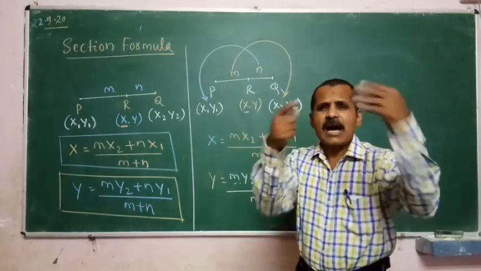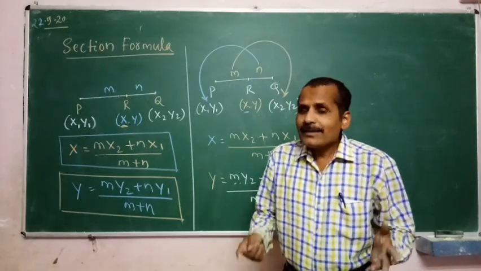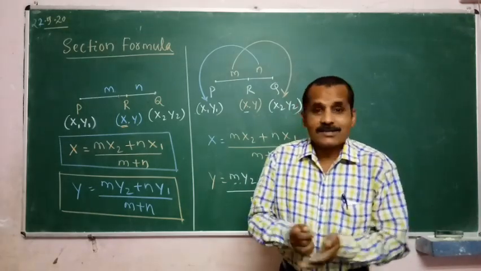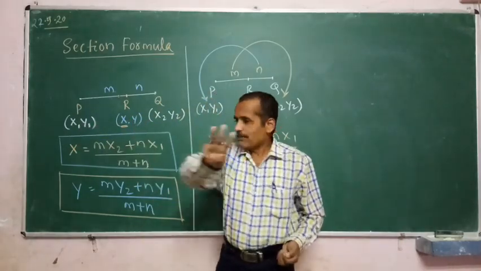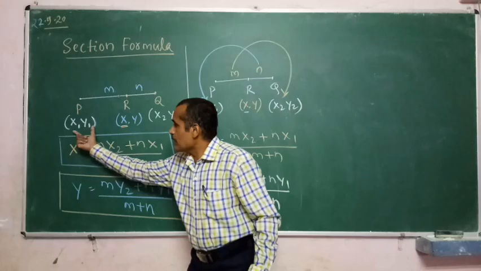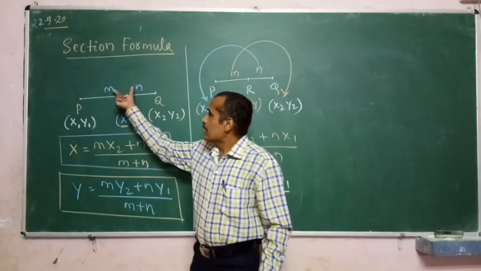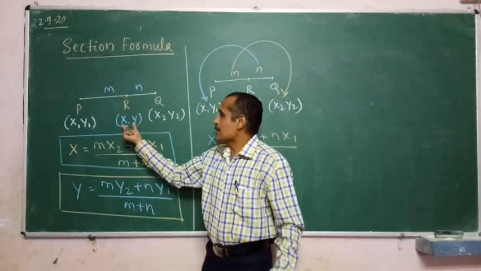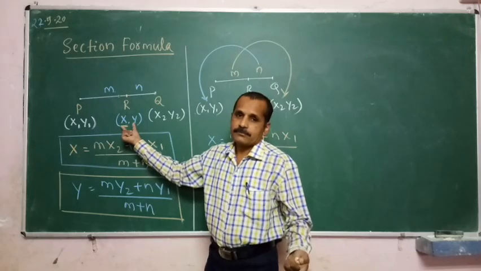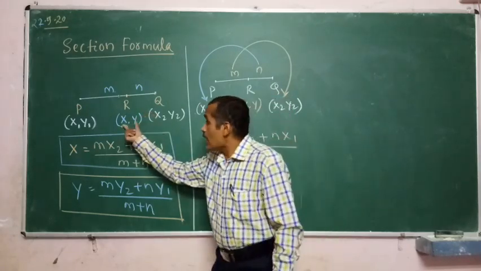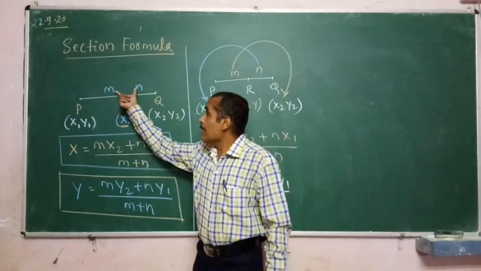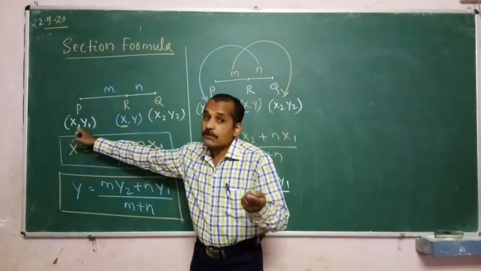Let me tell you what things they may ask. There are 4 unknowns, 3 will be given to you. For example, x1, y1, x2, y2 and the ratio will be given, and they may ask to find xy. The formula is same. They may give you xy, x2, y2, m and n and ask to find x1, y1.